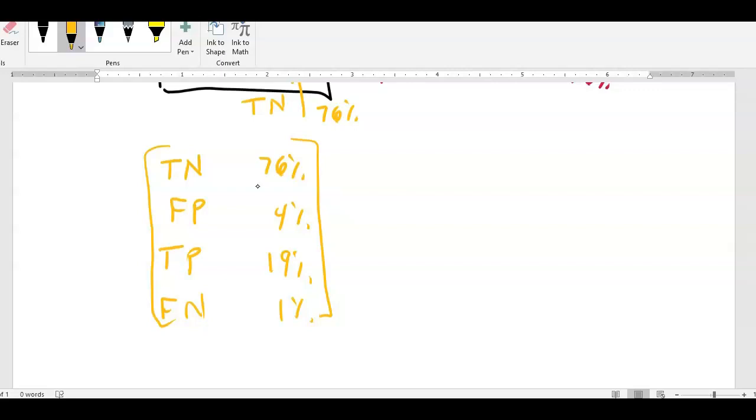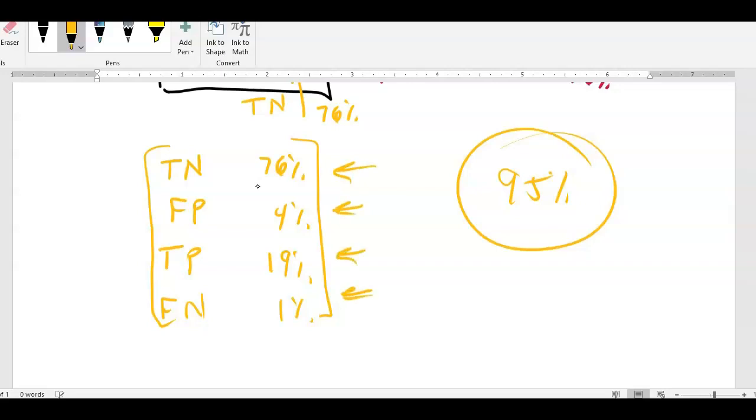So the big point here is that if all you read about is the 95% accurate, you're missing all the details about what that means. There's a 76% in there, there's a 4%, there's a 19%, there's a 1%. Notice 19 plus 1 is 20, plus 76 is 96.